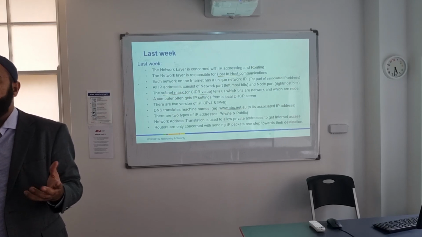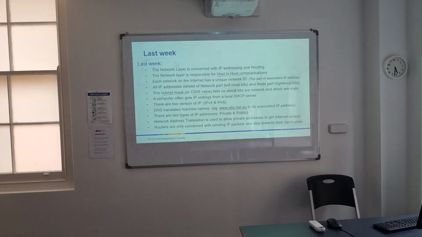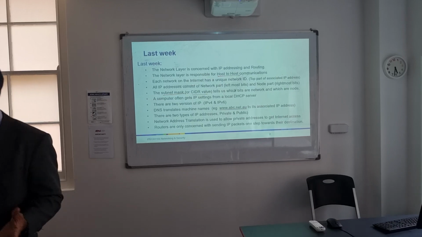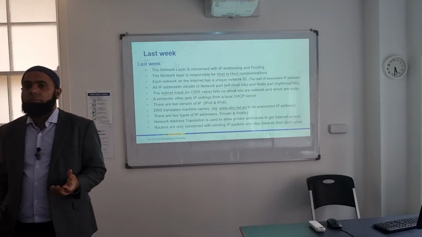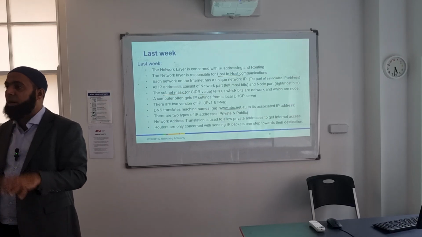Public addresses are which ones? Example? Yeah, for example, Facebook, Federation, Moodle, Google, they are all public, which can be accessible from anywhere in the world. What about the private ones? Yeah, in the home networks, in the organization's inside network, they are private.